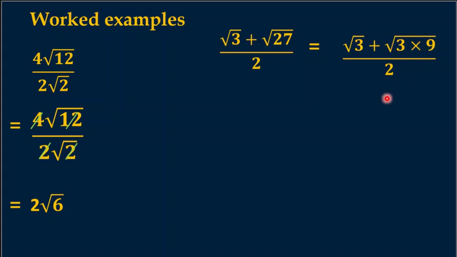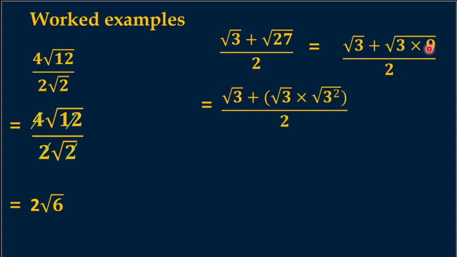And now once you spot 9, you know that it is 3 squared. We can rewrite everything as square root of 3 times square root of 3 squared. Right? This is what we've done. We repeat the square root of 3 here. Now these two, we separate them.